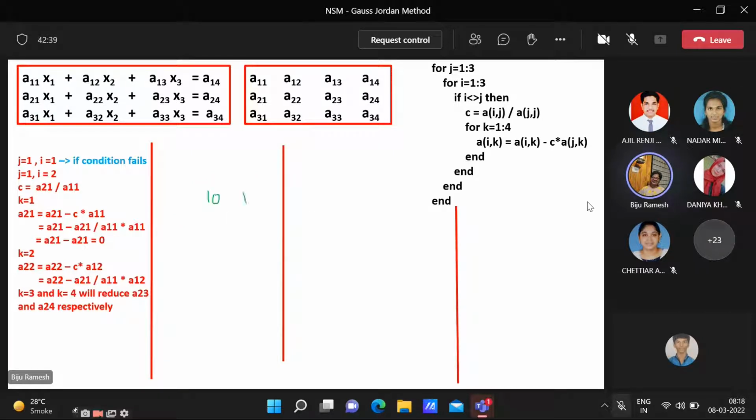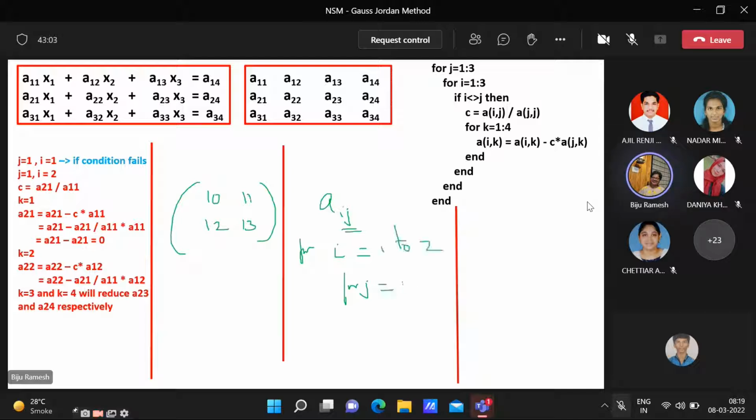If I have a matrix 10, 11, 12, 13, I have to read it as Aij. So for i is equal to, for j is equal to, it will be 1 to 2.